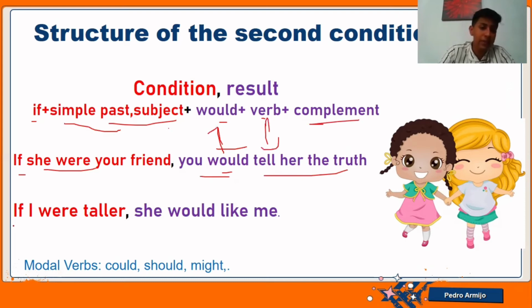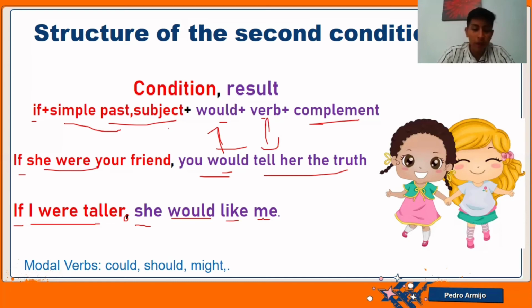Another example is if I were taller, simple past, comma, she is the subject, would is a modal verb, like is a verb, and me is a complement. If I were taller, she would like me. We can also replace would with a modal verb, like could, should, might.